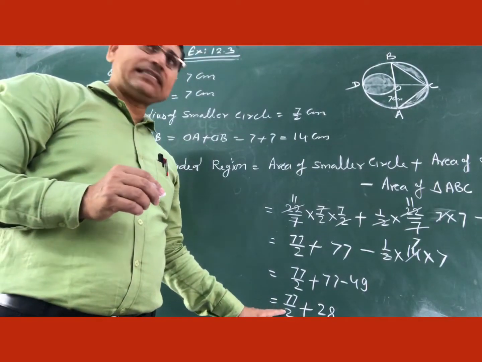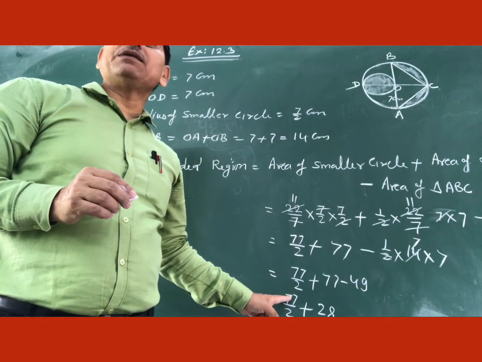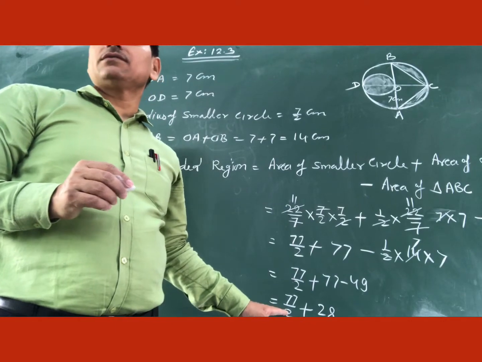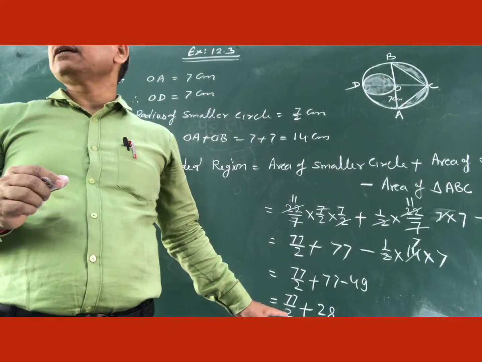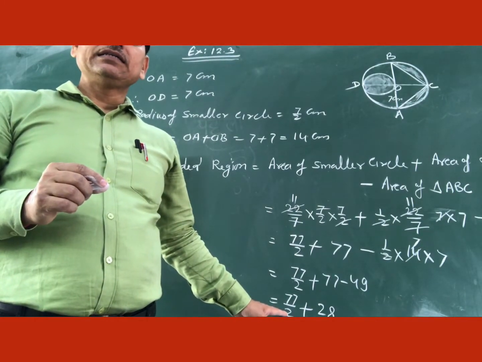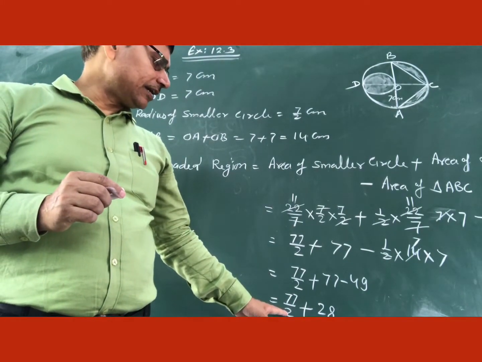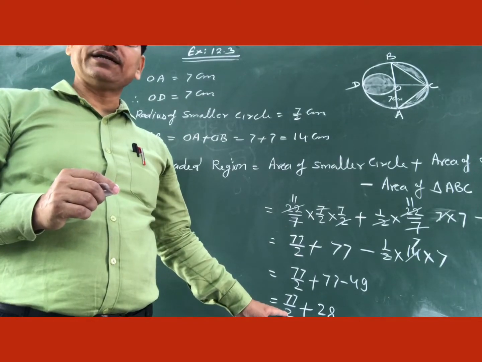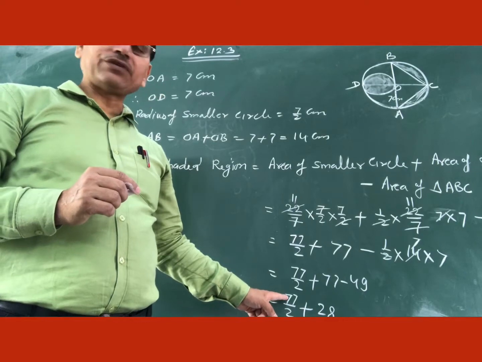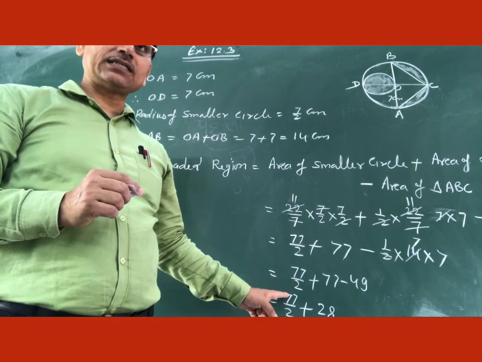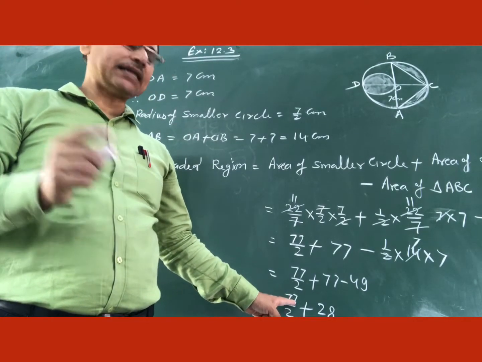Now you take the LCM. Otherwise, you can write 77 by 2 as how much? 38.5. Cancel it, 2 times 3 is 6 and 2 times 19 is 38.5.